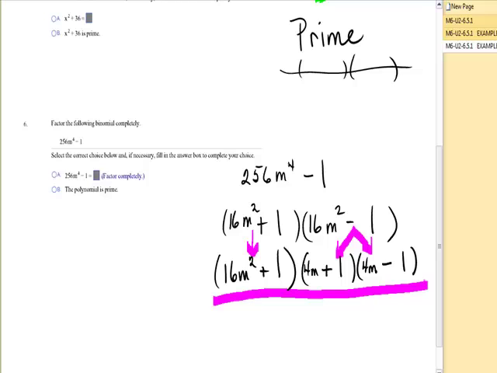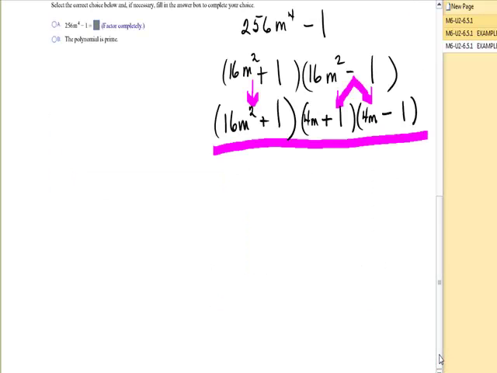This is a challenge. Let me make one up. What if I had m to the 8th minus 1? Okay, well, that is the difference of squares. Anytime the exponent is even, you can split it. M to the 4th times m to the 4th and 1s.